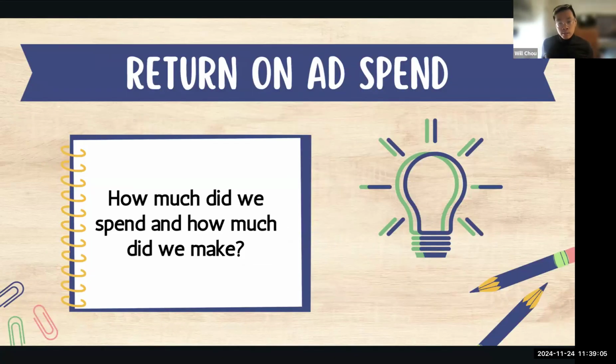On a high level, leaders care about how much did I spend on ads total and how much did that yield back. So the calculation is very high level. It's like across the whole platform. First, you just look at the total amount you spent in the time period. And you also look at the amount of dollars you return back.